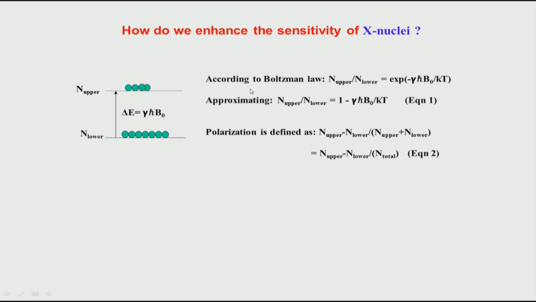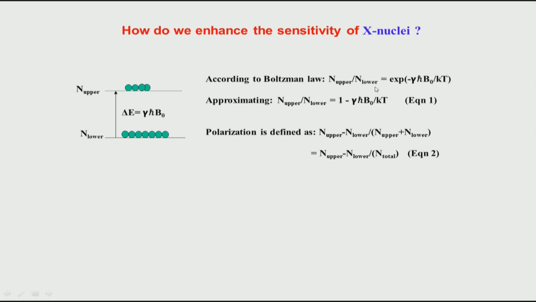Let us look at a little bit of algebra here. According to the Boltzmann law, the ratio of the number of molecules in the upper state, that is with spin minus half, compared to the lower state is given by this expression.